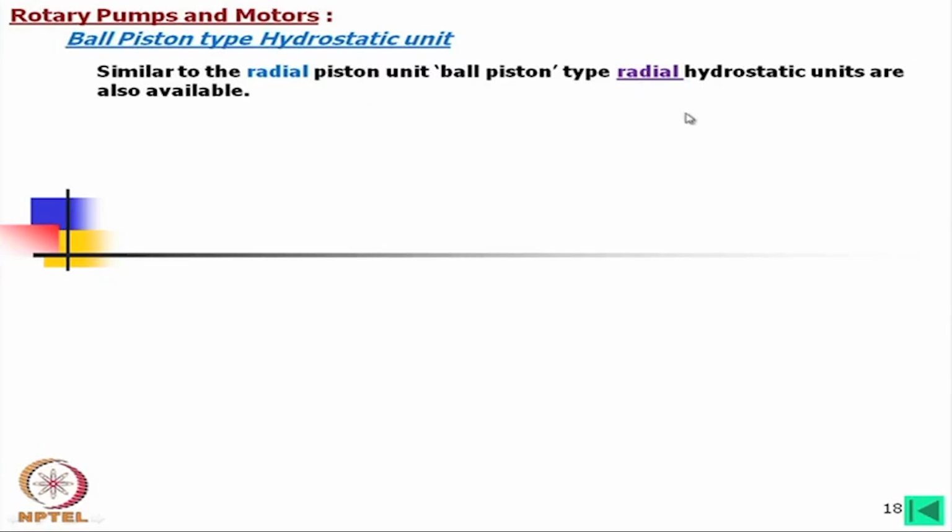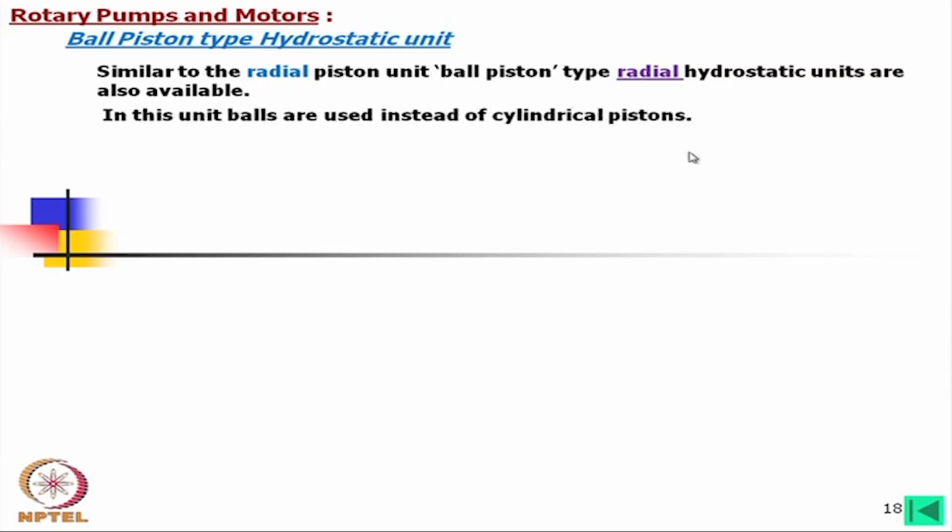But remember, with that you cannot go for very high eccentricity, only very small eccentricity, but you can simply put a ball there instead of a piston. So, the ball piston pump at one time became very popular. Only disadvantage of that, it has very poor leakage characteristics, but that is for the radial one, radial pistons.